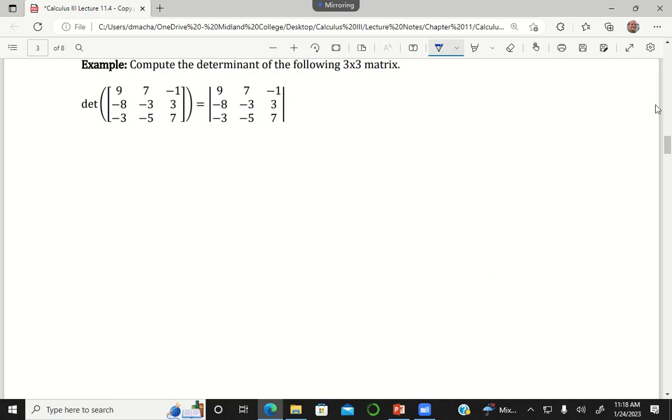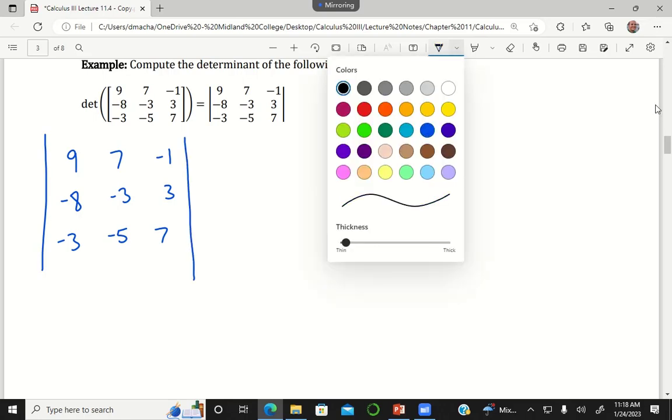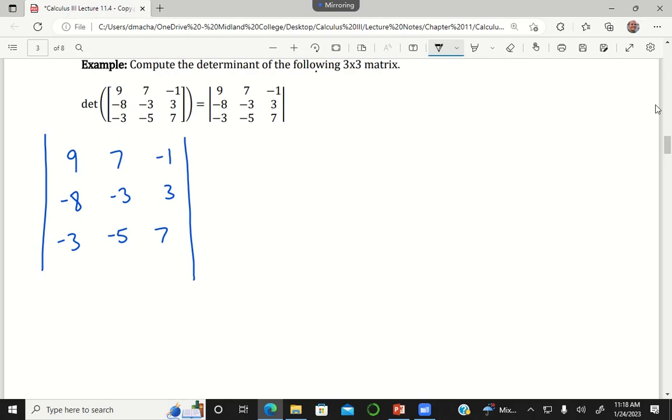If you want to compute the determinant of a 3x3 matrix like this one, 9, 7, -1, -8, -3, 3, -3, -5, 7, what we have to do is think about this 9, and then not think about these for right now.